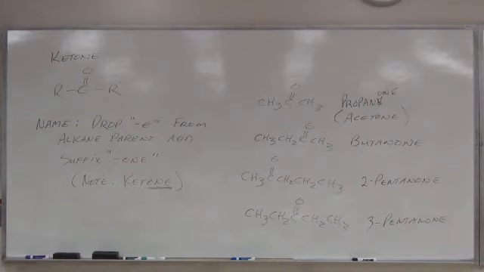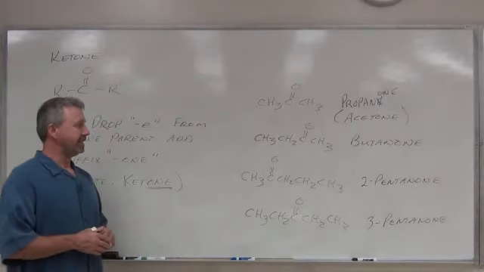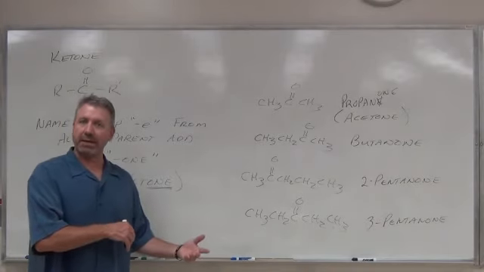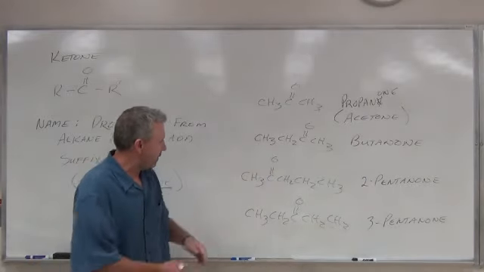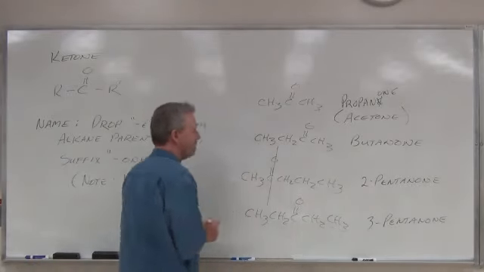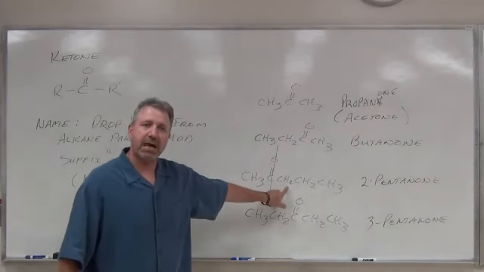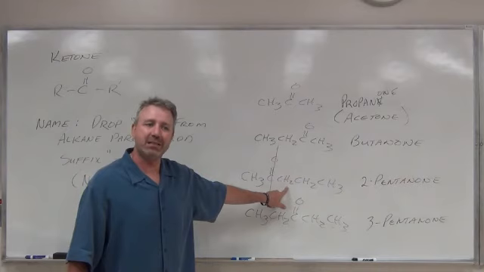There is another method for naming ketones, a common method. In that method, we treat it almost like we're naming ethers. We find the carbonyl group, and we draw a line through it. We have alkyl groups on both sides. We name the alkyl groups, alphabetize them, and end with the word ketone.